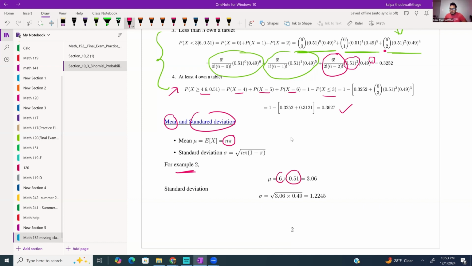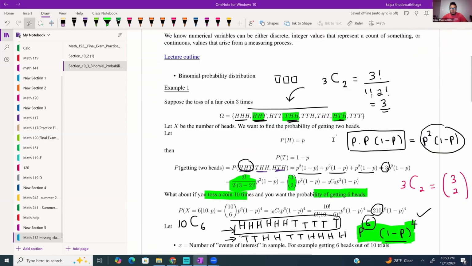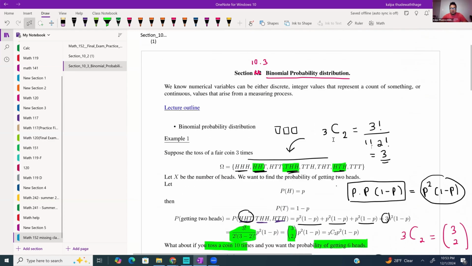If you survey 6 people, you multiply that by 0.51. This is the average number of people who own a tablet. The standard deviation can be calculated using this formula. Yeah, so I think that's a good application. Why we learn combination.